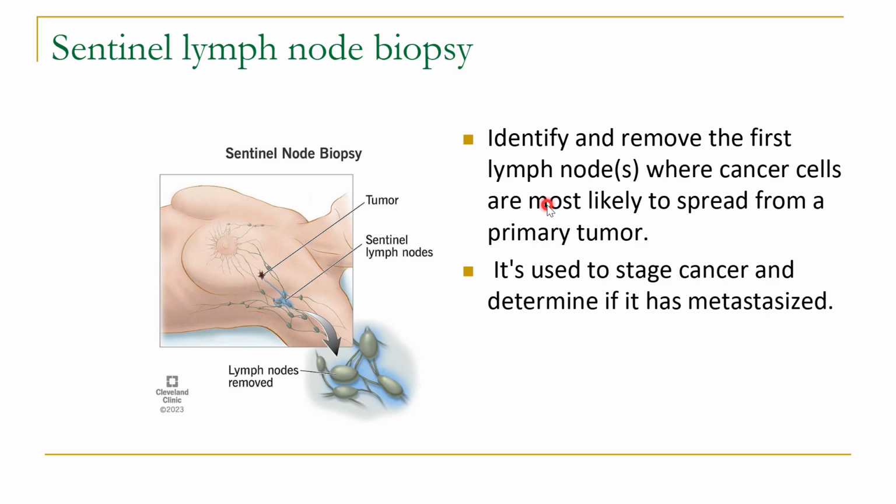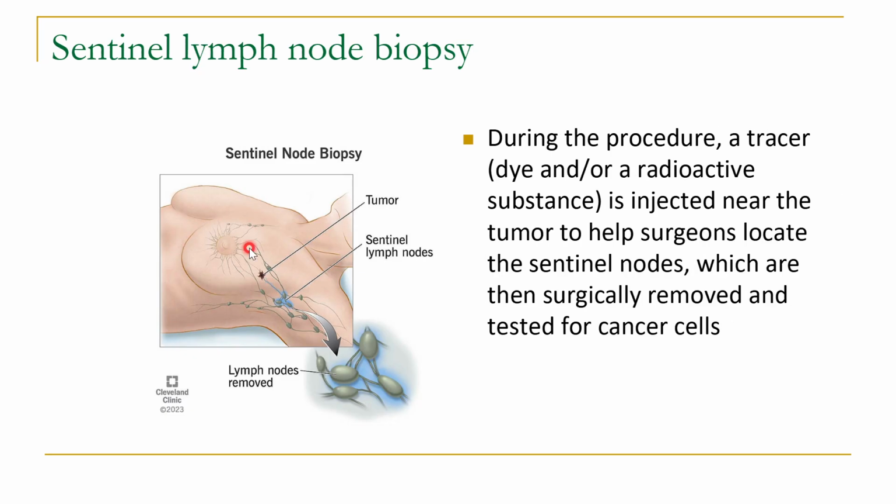It's used for staging cancer and to determine if it has metastasized. So here you can see, during the procedure, a tracer, usually a dye or a radioactive substance, is injected near the tumor to help the surgeon locate the sentinel nodes, which are then surgically removed and tested for cancer cells.